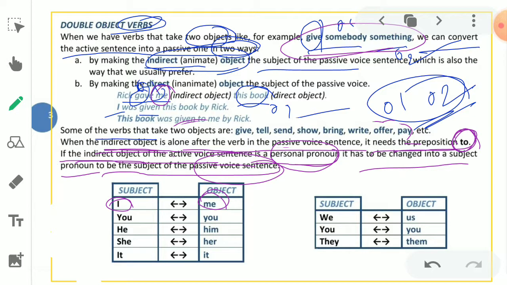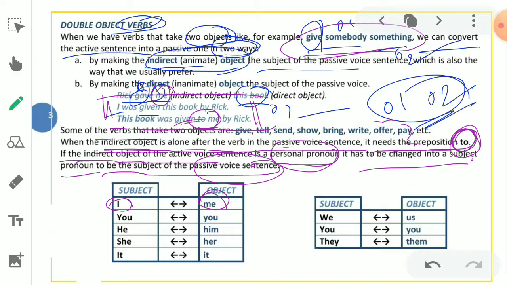So you have seen here how this rule is applicable, and to connect you have to use to. You have seen here, to me. The indirect object uses the preposition to combine.